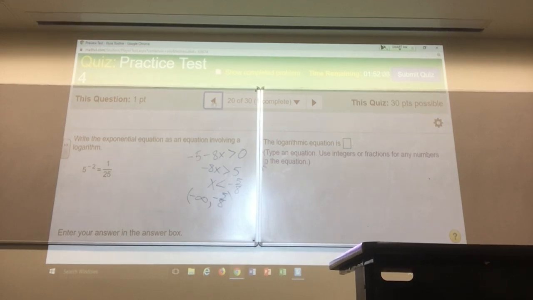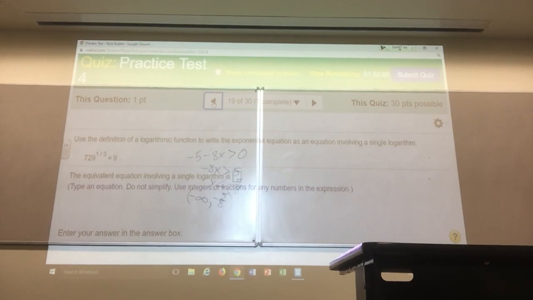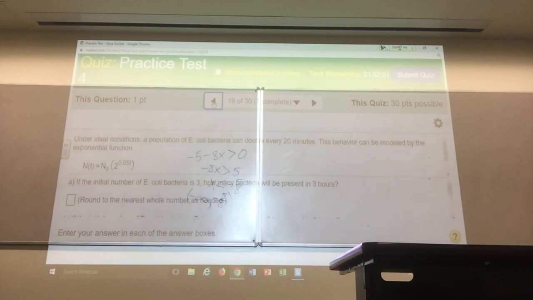Okay. And same kind of thing. And then we're getting into exponentials. Anybody want to see anything in the exponential portion of this review? No? We're good? Good. This one specifically? Okay.